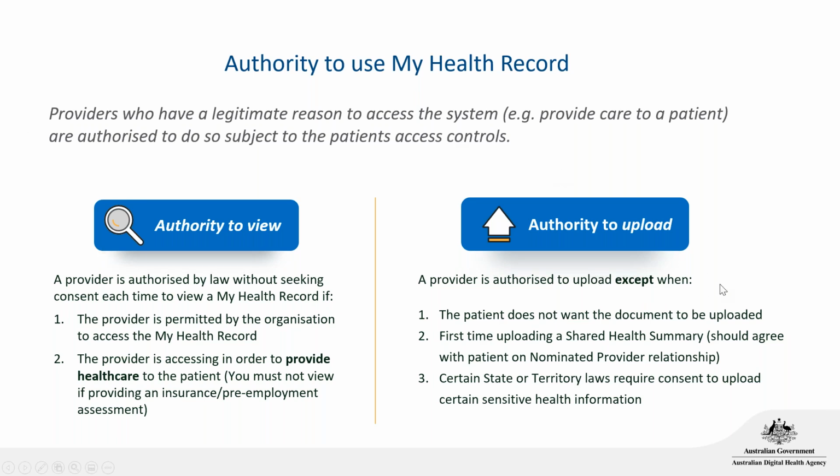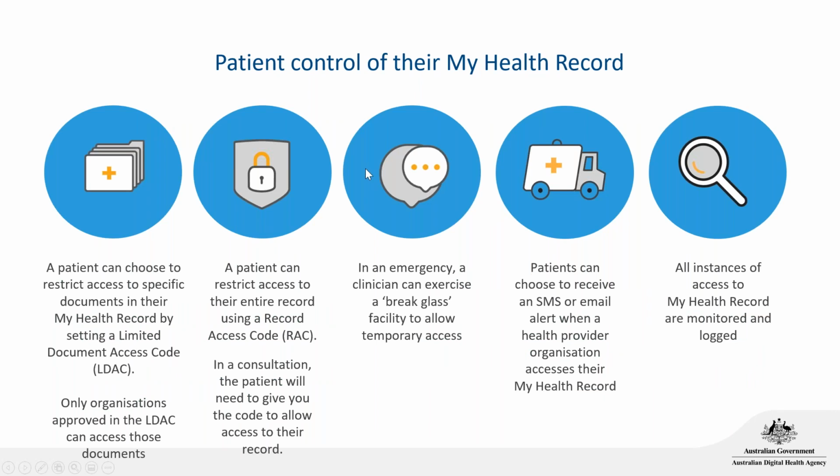You can also upload documents to their record as well, which is why quite a bit of information gets uploaded to patients' My Health Records by default, and that's completely fine because we have that legislation in place. People can protect access to their records though. There's a couple of patient controls.